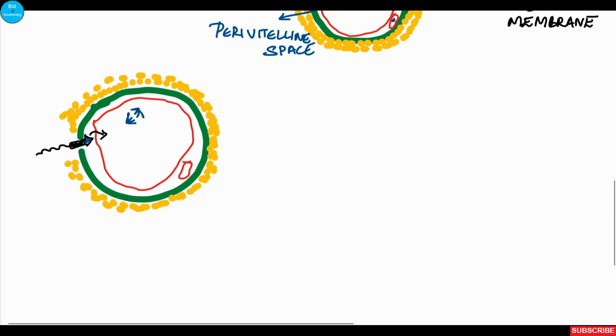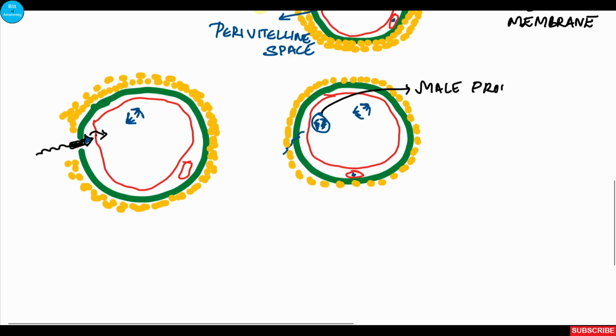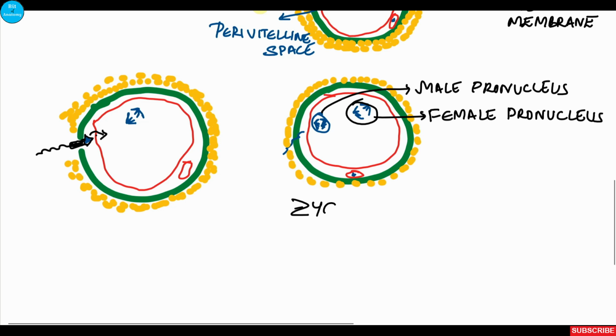There will be fusion of the cell membranes, and some mention that only the nucleus enters the secondary oocyte. Some mention that the entire sperm will enter and the remaining parts are destroyed within the oocyte. Anyhow, the male nucleus, once it enters, is called the male pronucleus, and the female counterpart is known as the female pronucleus. So this completes the formation of a diploid cell, that is the zygote.